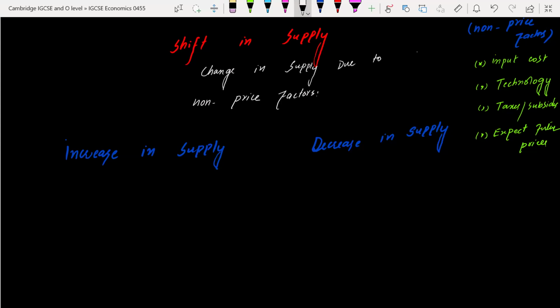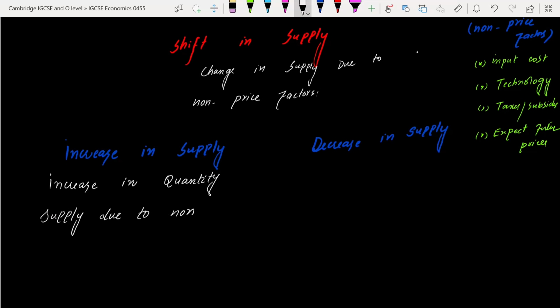So when you have to write down the definition of increase in supply, you will write: increase in quantity supplied due to non-price factors.